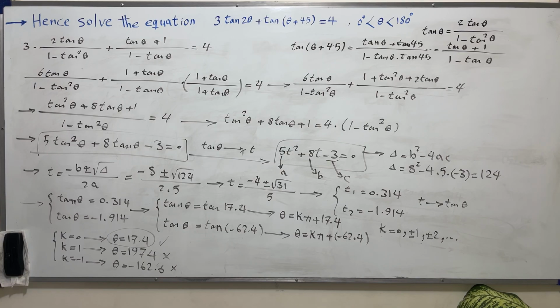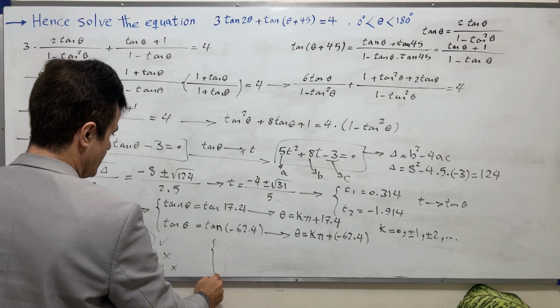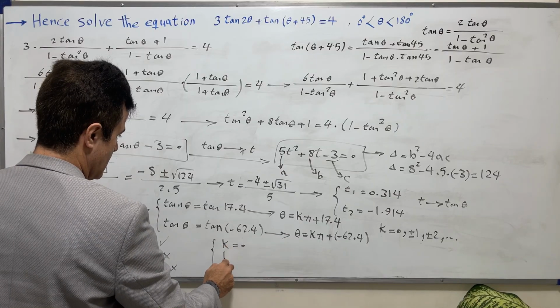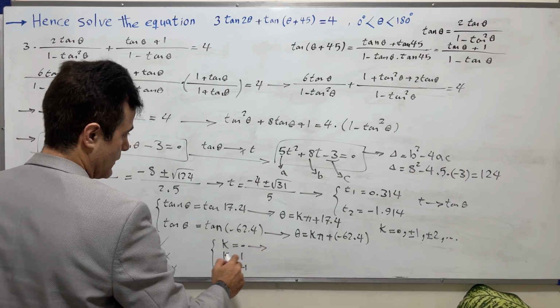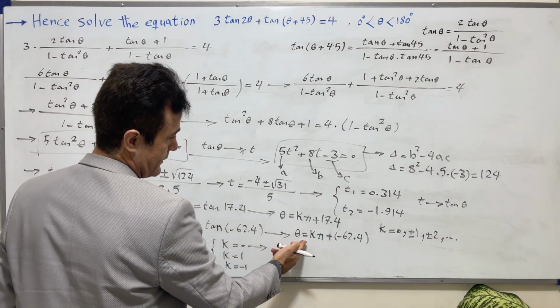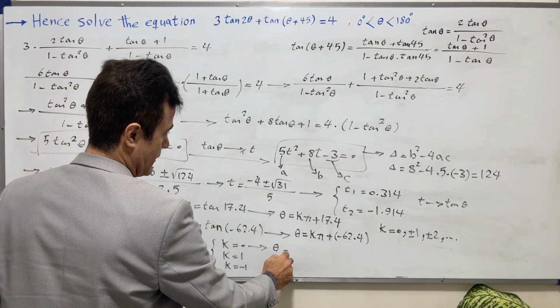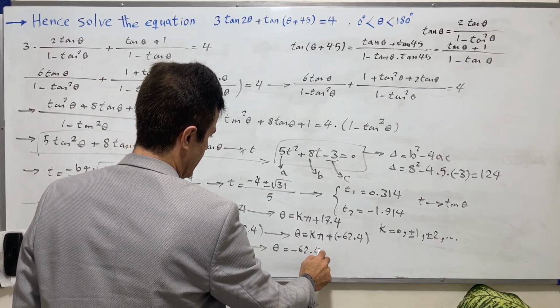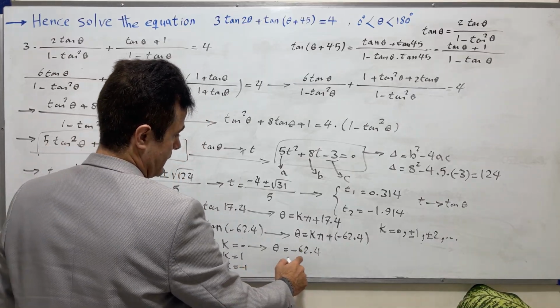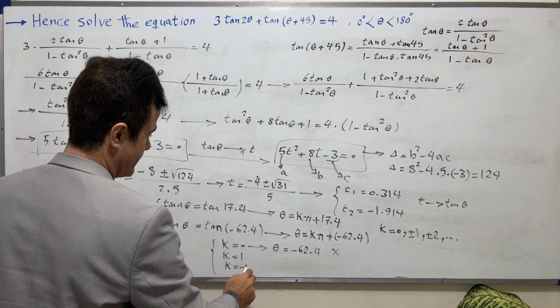For the second set of answers, we have k equals 0, k equals 1, k equals minus 1. In this relation, θ equals minus 62.4. This answer is not valid.